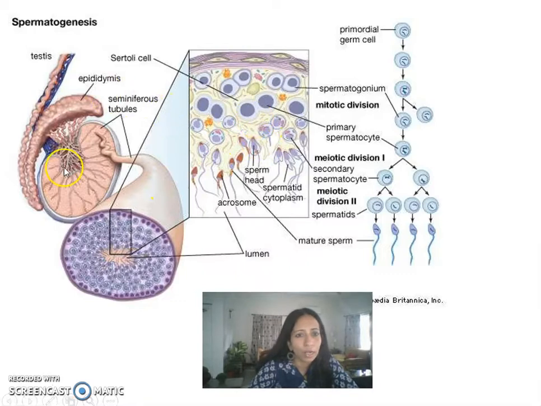We are already familiar with the male reproductive system. Now we are going into the anatomy of it. When we cut the transverse section of these seminiferous tubules, we see that they are lined by germ cells, which are also known as sperm mother cells or spermatogonia.